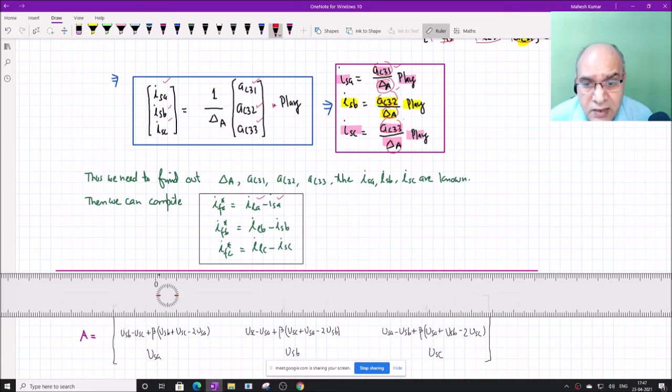IFB star is ILB minus ISB star, and IFC star is ILC minus ISC star. So the only problem left is to compute delta A and then AC31, AC32 and AC33.